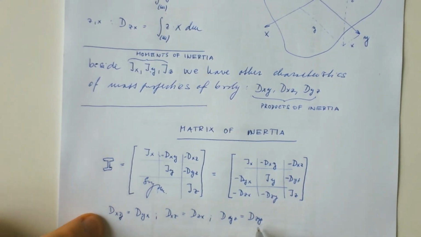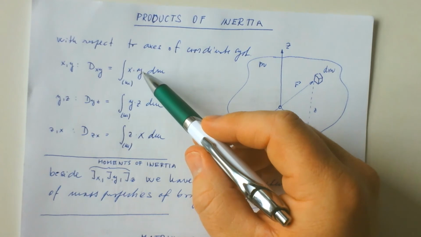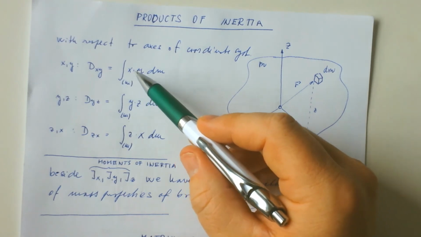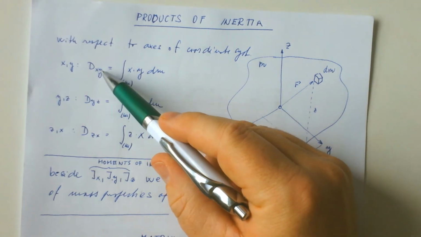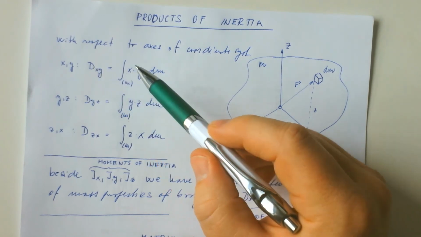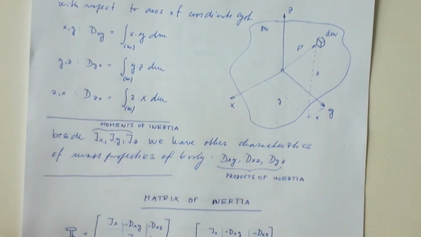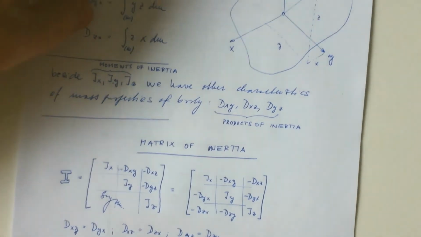It's clear, it follows from definition, because it doesn't matter on the order of multiplication. So dxy is x by y and dyx is y by x, what gives the same result. So this is the reason.